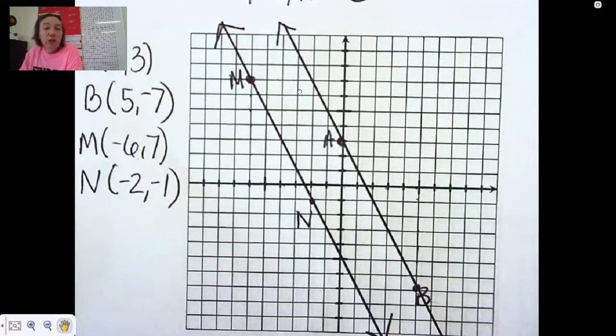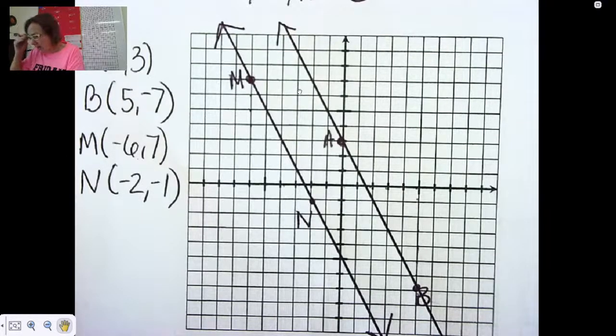Okay? Once you have your lines drawn, we're going to find the slope of both of the lines. Now, that's not part of our instructions on this paper. This is just something we're doing as part of our lesson. Okay? So we're going to find the slope.